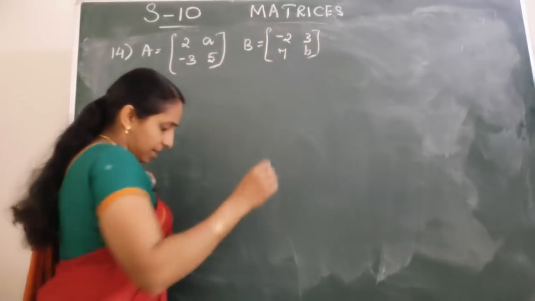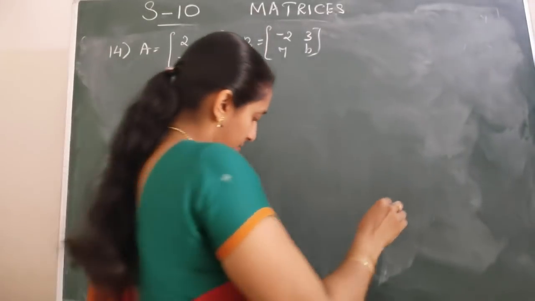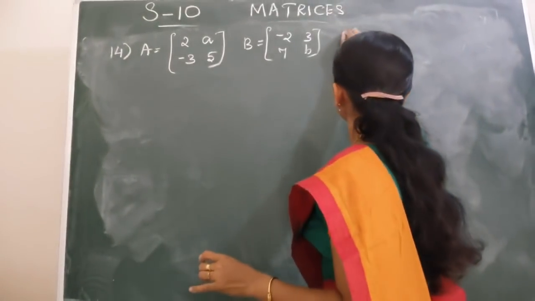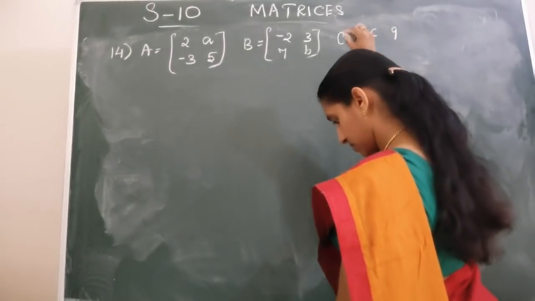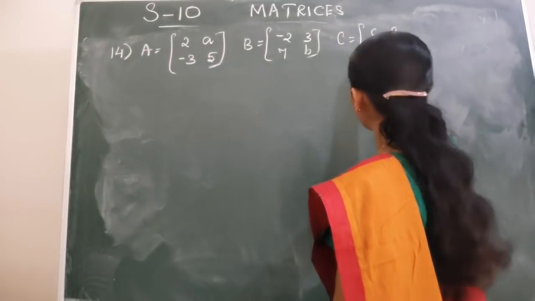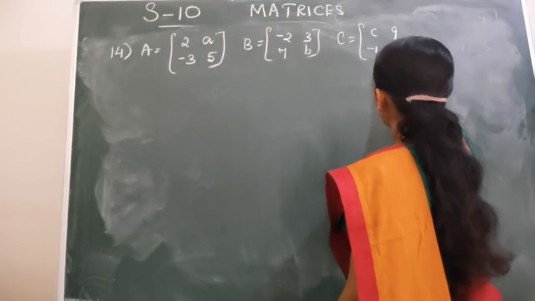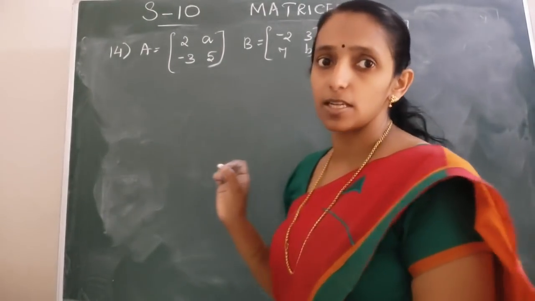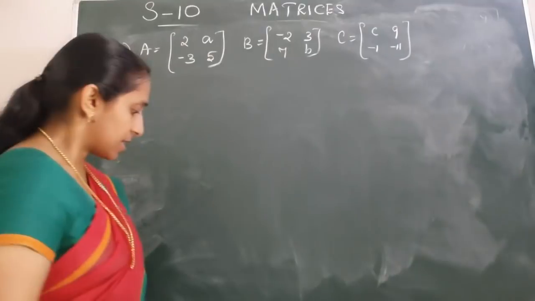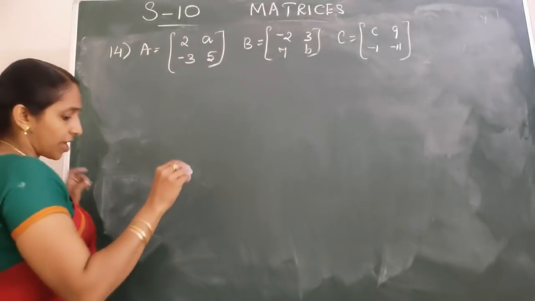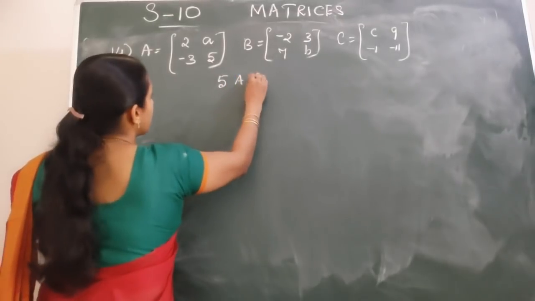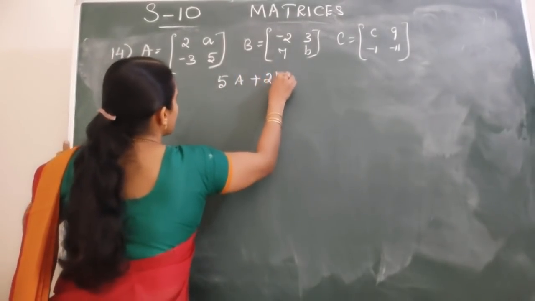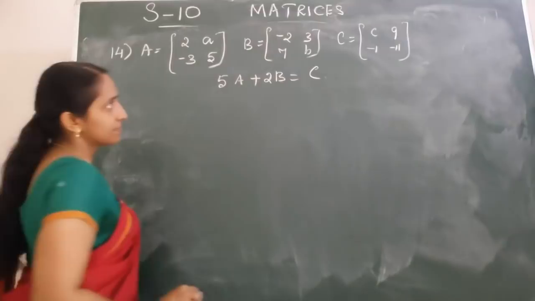C is given as 9 minus 1 minus 11. And we have a condition given. What is the condition given in the question? The condition states that 5A plus 2B equal to C. Right?